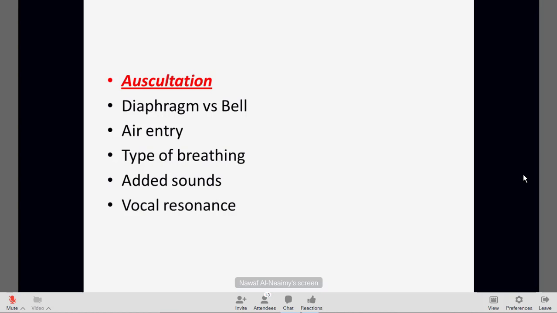Otherwise, you will lose its property of picking the low-pitched sounds. It will turn into a diaphragm. Even some of you may have a stethoscope that has only one side, not two sides. If you put it gently, it will act as a bell. If you press firmly, it will act as a diaphragm.